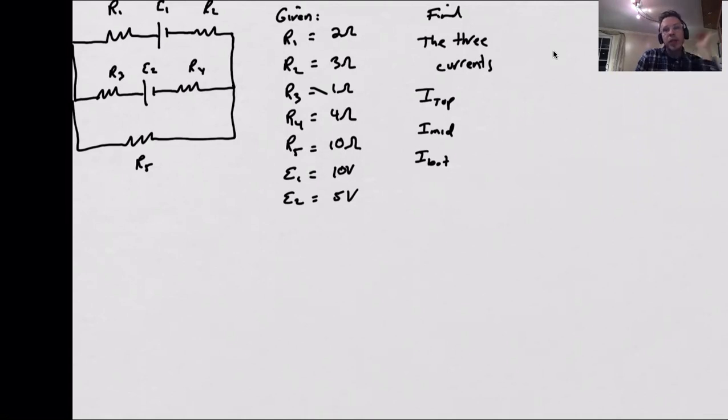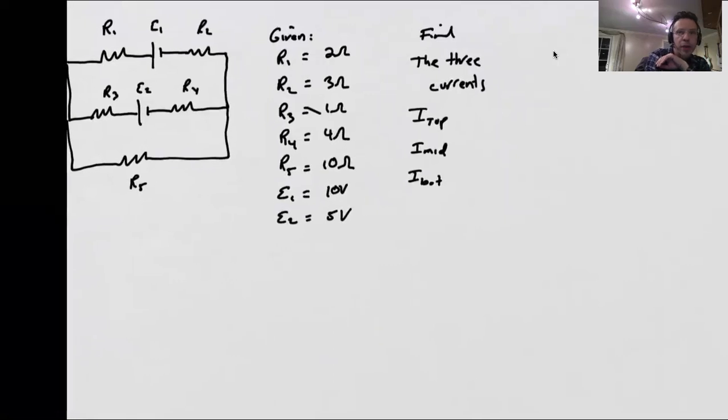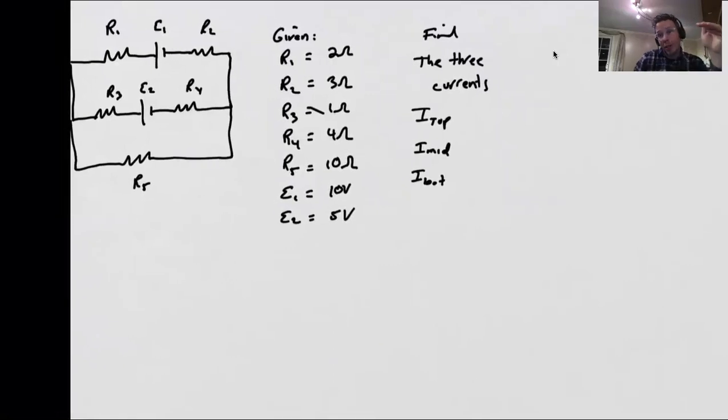We know all of those voltages and all of those resistances. The only unknowns are all 3 currents. So we need to find all 3 currents, I top, I middle, and I bottom, which I'm going to rename I1 for the top, I2 for the middle, and I3 for the bottom. Those are the things that we want to find.